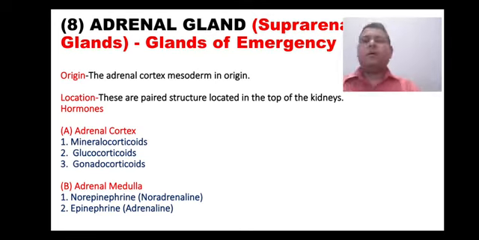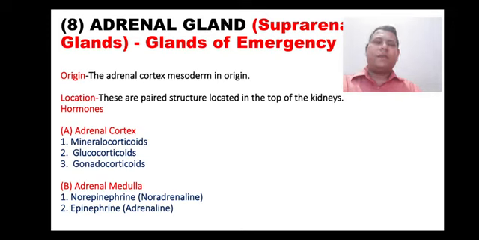Number one, mineralocorticoids. These hormones are secreted by the cells of the zona glomerulosa of the adrenal cortex. As the name indicates, they are responsible for the regulation of mineral metabolism. The target cells of mineralocorticoids are the cells of the kidneys.